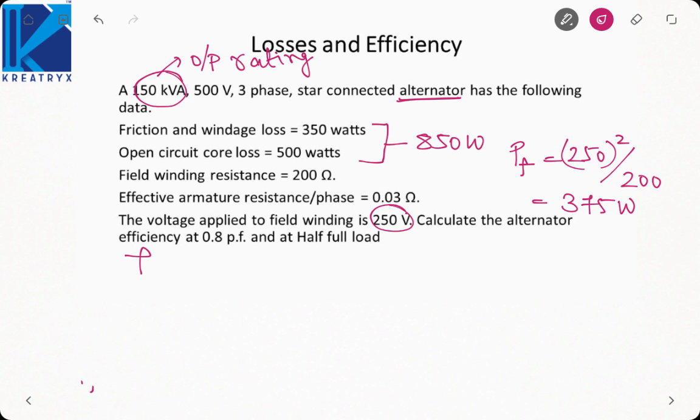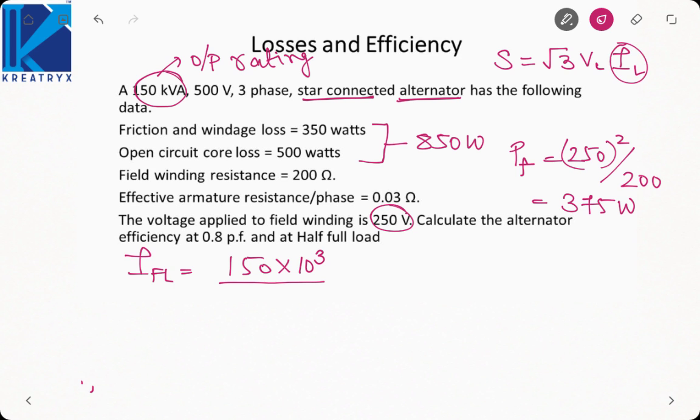Now let me calculate full load current, which is actually rated current. 150 kVA, so 150 into 10 to the power 3. Now remember, this is apparent power, so there is no need to use the power factor. I can directly use S is equal to root 3 VL IL. And since it is star connected, IL will be the same as the phase current.